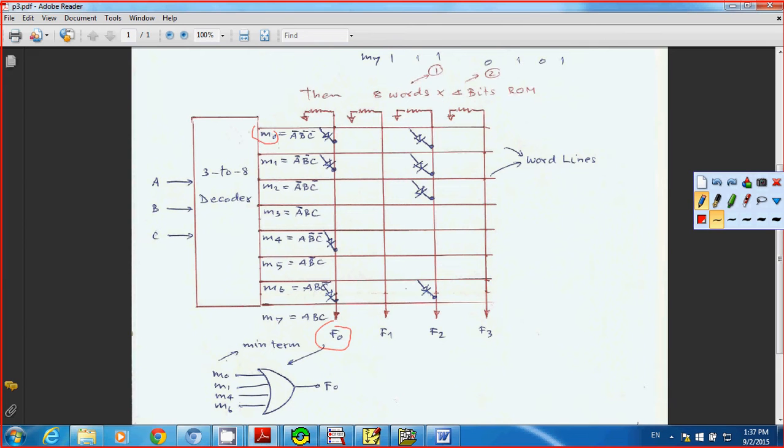Let's say that M0. You need A complement, B complement, and C complement. This is your A, B, C. And your M0 is already represented right here. M4 is also here. So what you need to do is connect M0 to your F0.